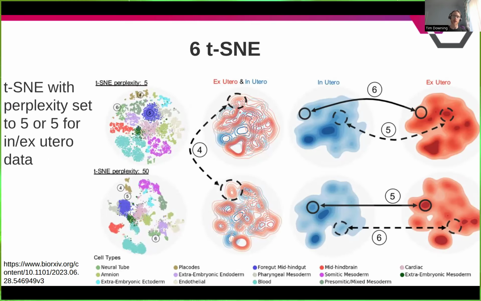An example of this is using t-SNE on different data sets. If you look at clusters 4, 5, and 6 here in beige, blue, and green, and we set the t-SNE perplexity to 5, these are the clusters that we get. Whereas up here, for a value of 50, we see that the clusters are a bit different.